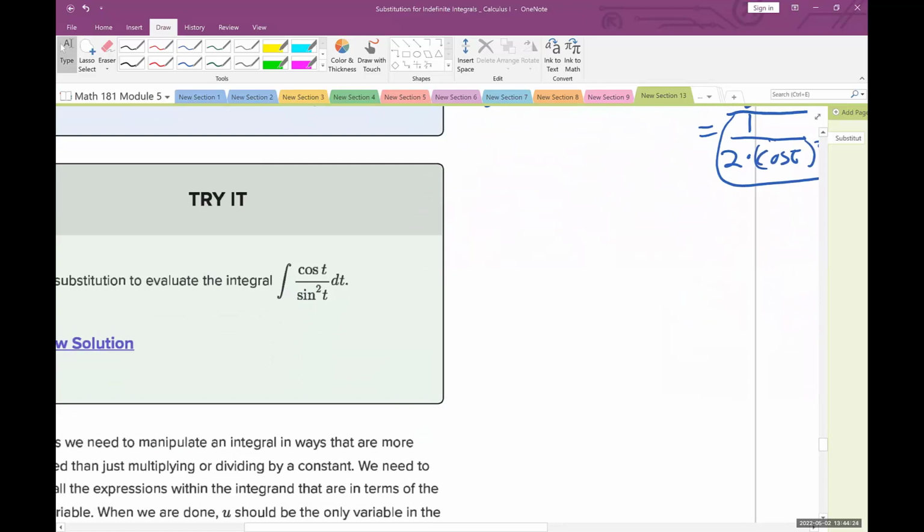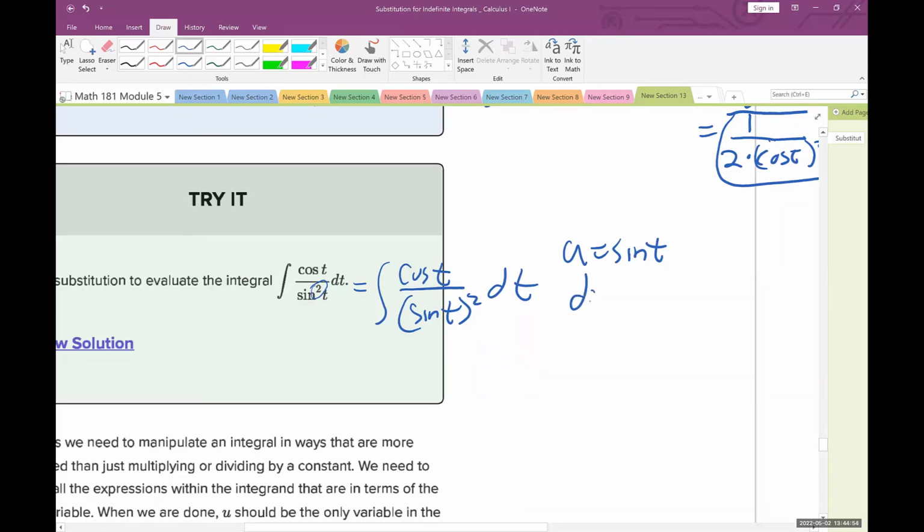So in this case, again, what would you call u? I'm glad they wrote it like this. What is happening here is sine t, and that amount is being squared. So I would say u is just sine t, and you're going to have u squared in the denominator.